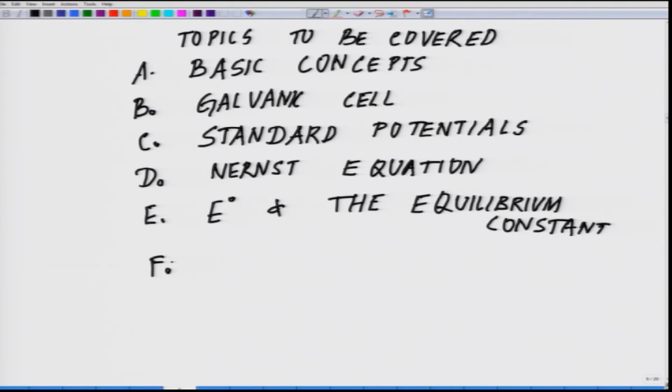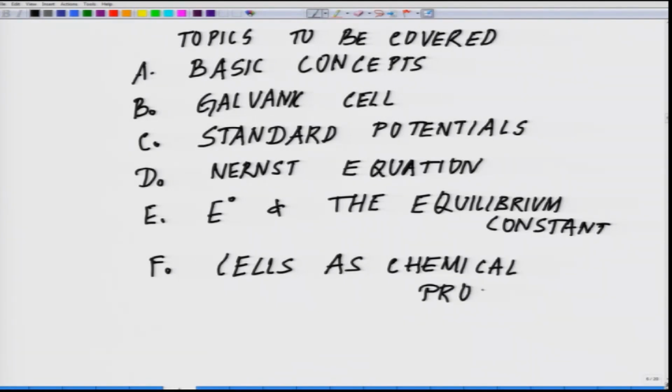Next, we will be dealing with cells as chemical probes. And we will be closing the week with biochemists' use of E0 prime.